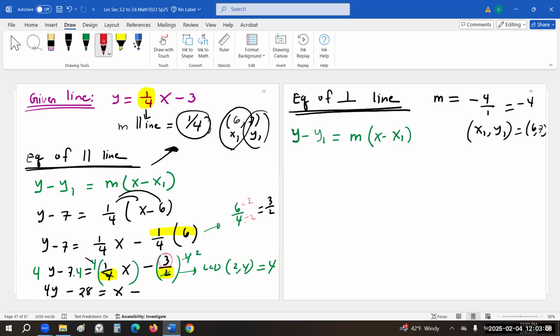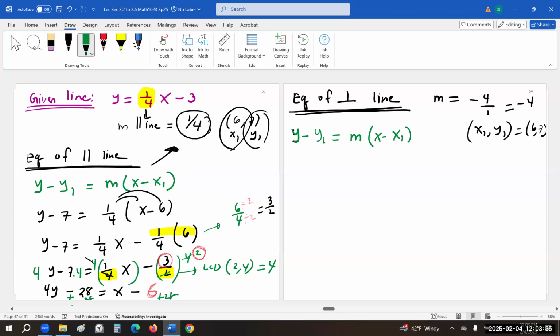So you multiply this 3 with this 2, you get 6. How 6? Because you're multiplying by 4, right? So 2 goes into 4 twice, and you have 2 times 3. In other words, you have 3 divided by 2. So finally, you add 28 to both sides.